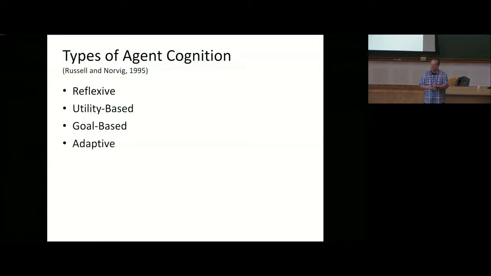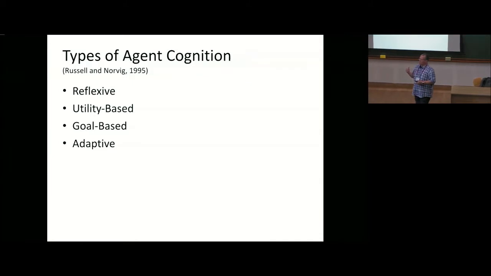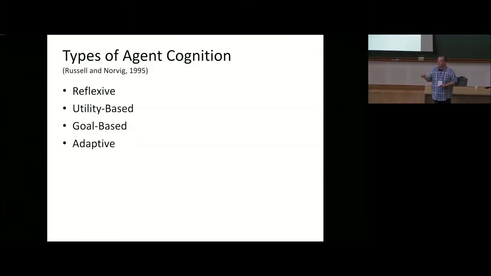Everything is discussed as if an artificial intelligence is an agent. So it works really well for talking about agent-based modeling, where we're again talking about agents. And Russell and Norvig discuss essentially four types of agent cognition: reflexive, utility-based, goal-based, and adaptive. And we're going to go through each of those in turn.